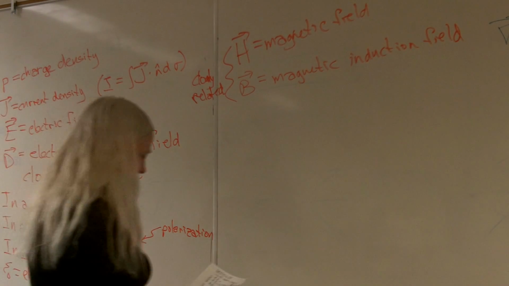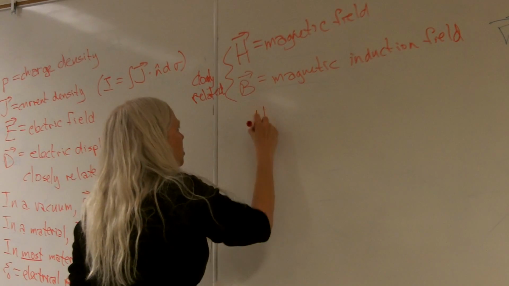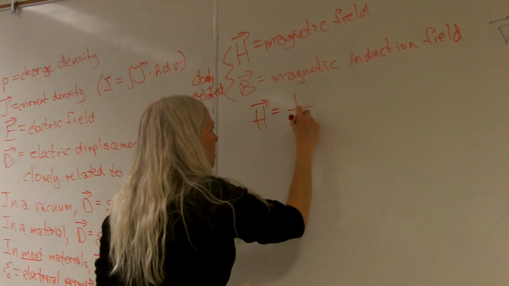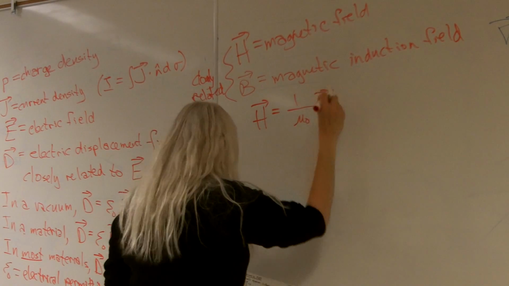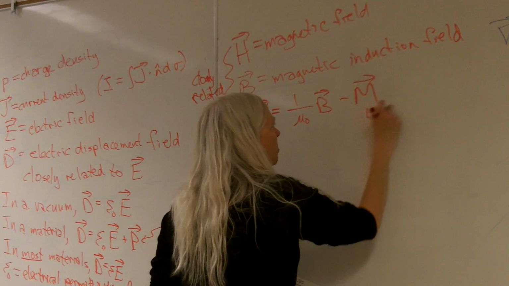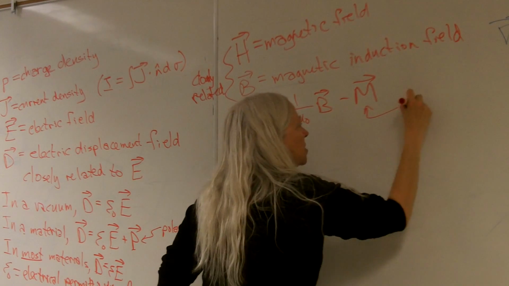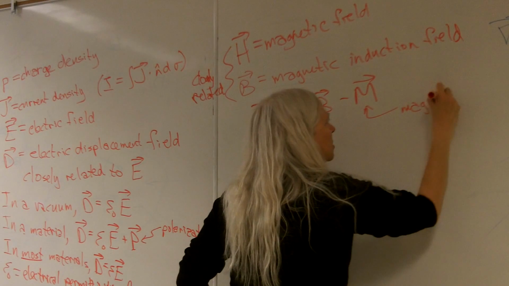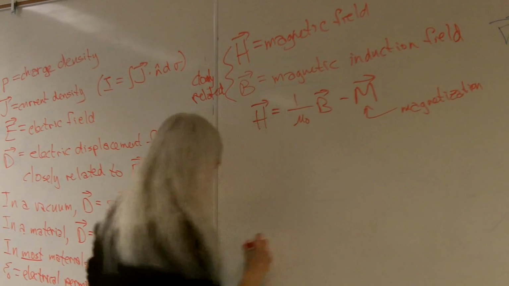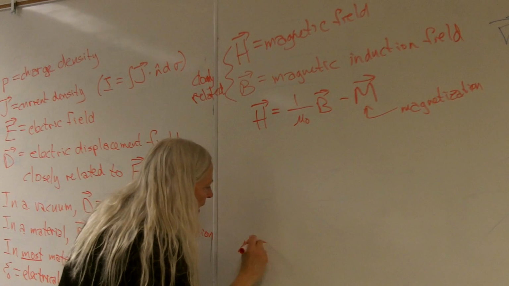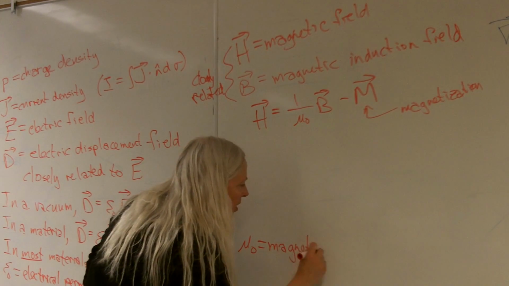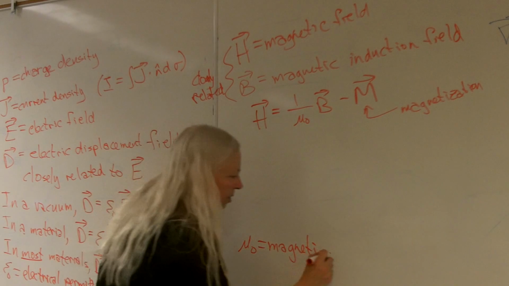And the relationship is that H is equal to 1 over mu naught times B minus another vector called M. M is the so-called magnetization. Let me remind you, mu naught is the magnetic permeability of the vacuum. I'm leaving room for something else here that I'm going to write in a moment.